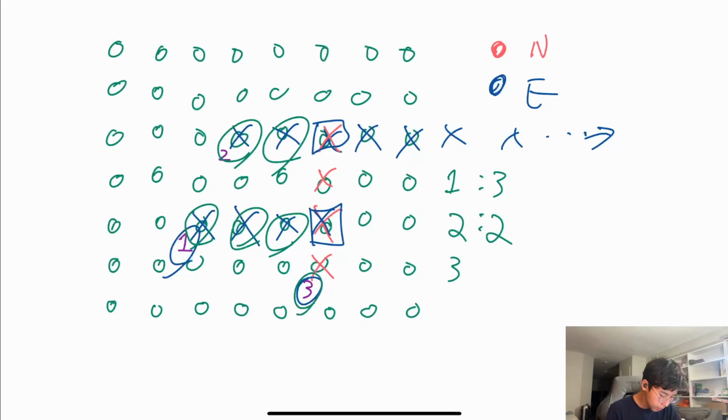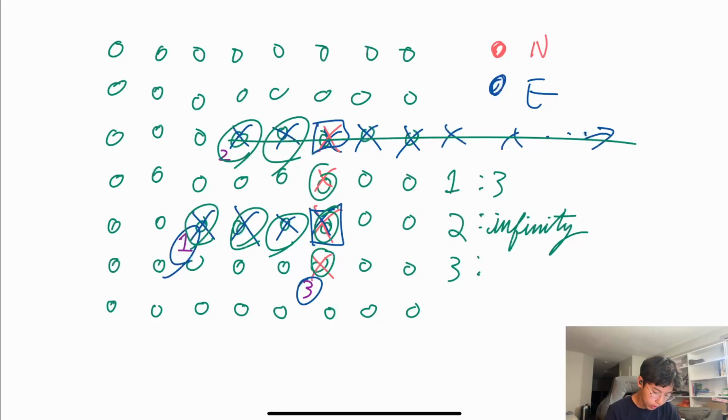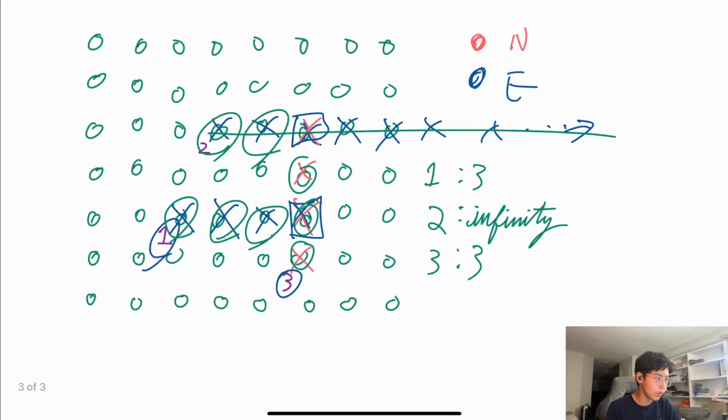And 3, no, what am I saying? 2 ate an infinite amount of grass, so 2 gets infinity. Infinity. Nice. And 3 here, 8, 1, 2, 3 boxes of grass, so it gets 3. So in this case, the output would be 3, infinity, 3.